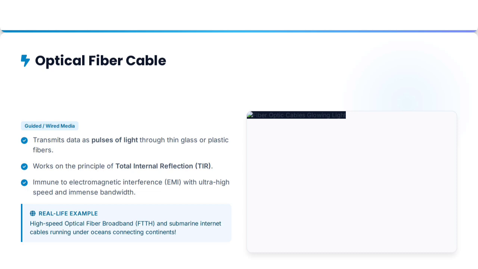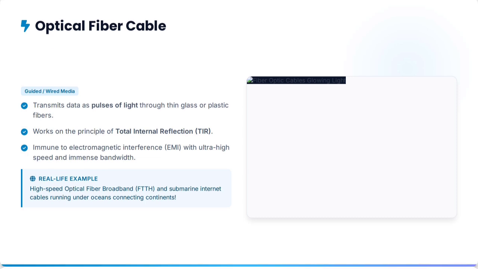Again, optical fiber cable. Finally, the fastest is optical fiber.